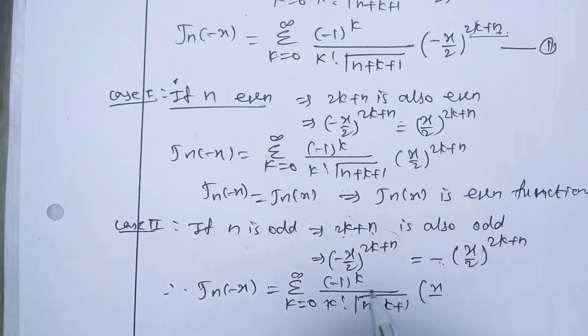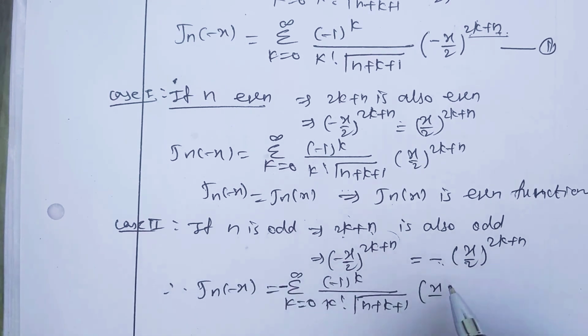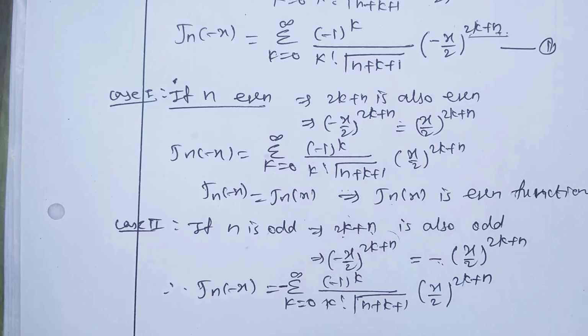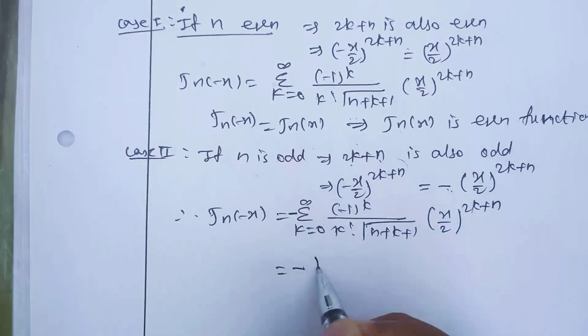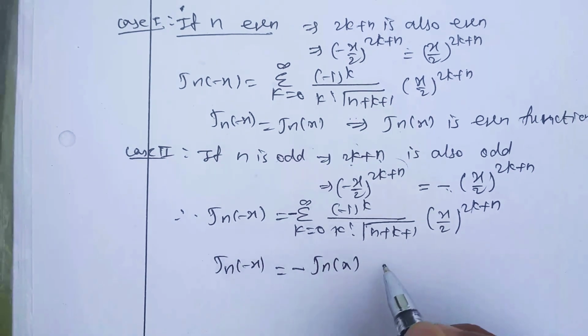This minus sign we can take outside, minus sign into x by 2 raised to 2k plus n. Now you will get this minus sign outside and the remaining term is nothing but Jn of x. That means Jn of minus x is equal to minus Jn of x.